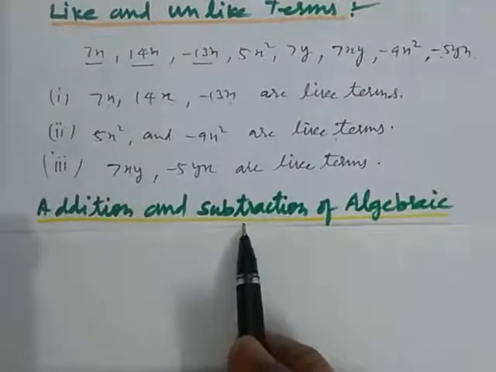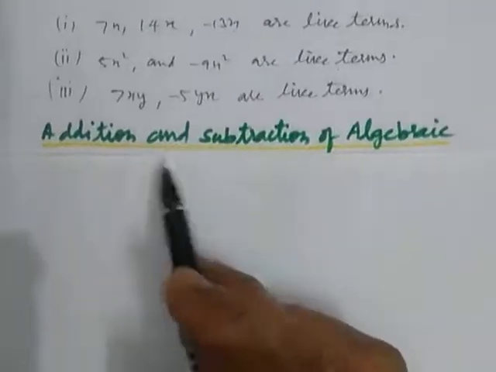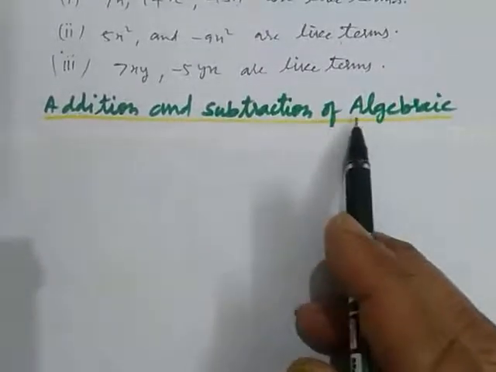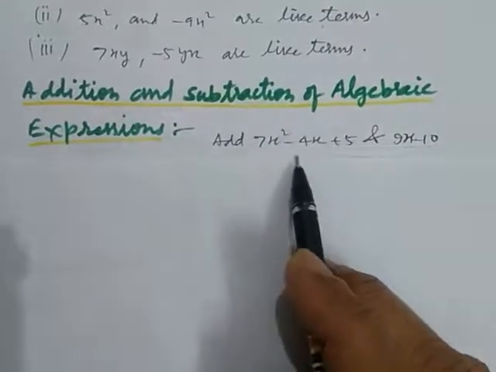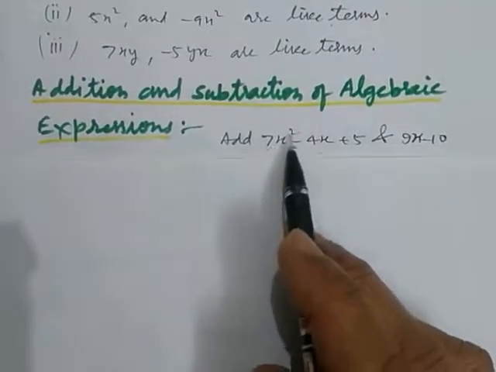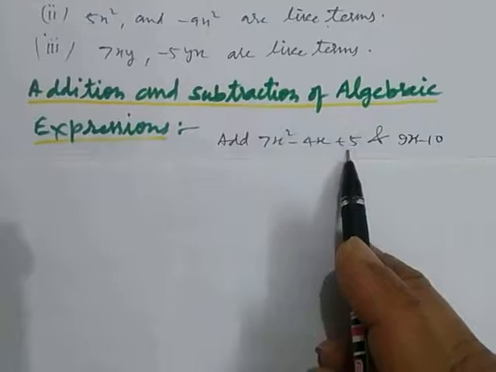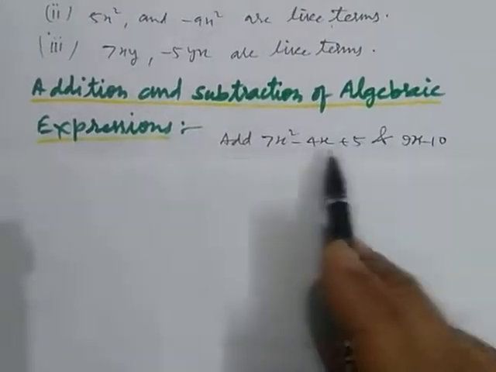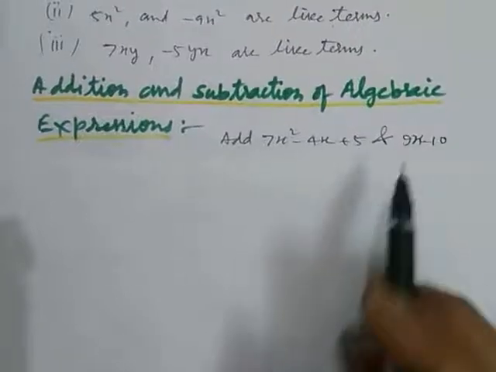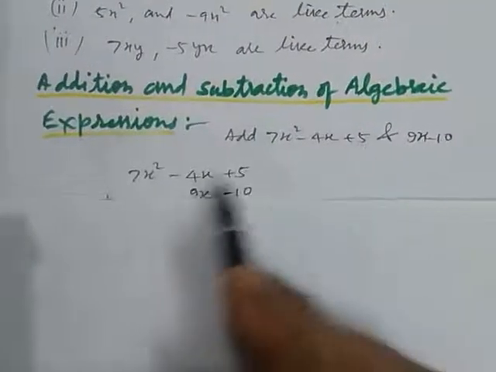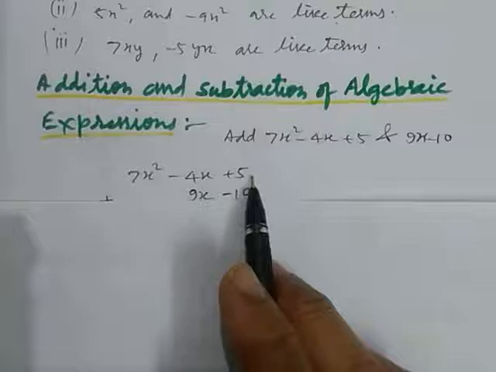Now we learn addition and subtraction of algebraic expressions. Here are the expressions 7x square minus 4x plus 5 and 9x minus 10. These are the two expressions we have to add. First we write 7x square minus 4x plus 5.